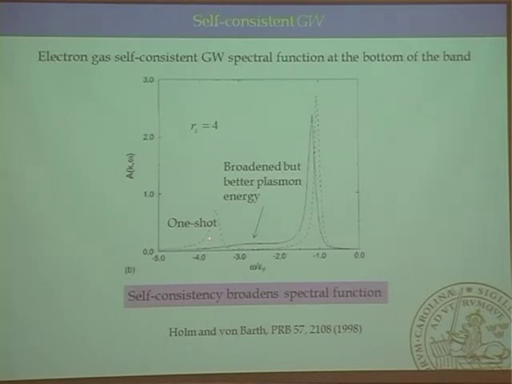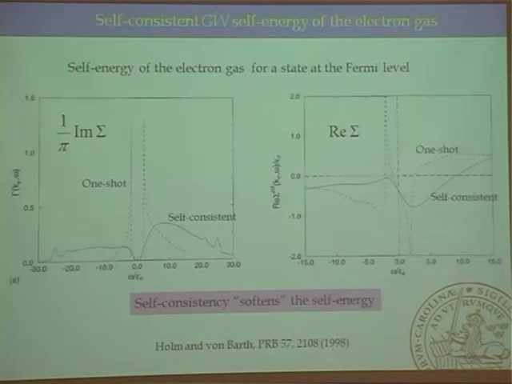It is not one plasmon energy, but typically about 1.3 or 1.5 plasmon energy. So actually, self-consistency seems to improve the position of the plasmon satellite because it reduces this. But as I said before, the bandwidth seems to be poor. So this I have already shown.